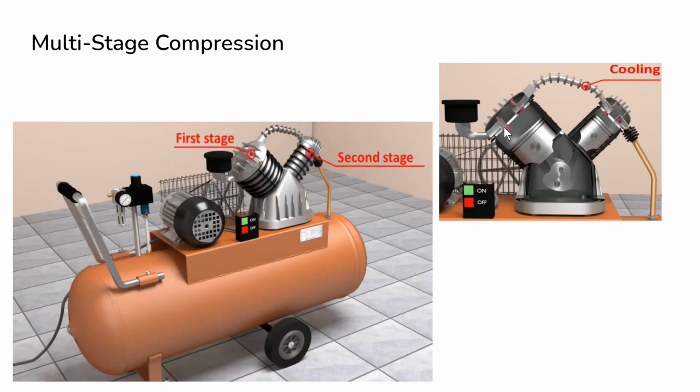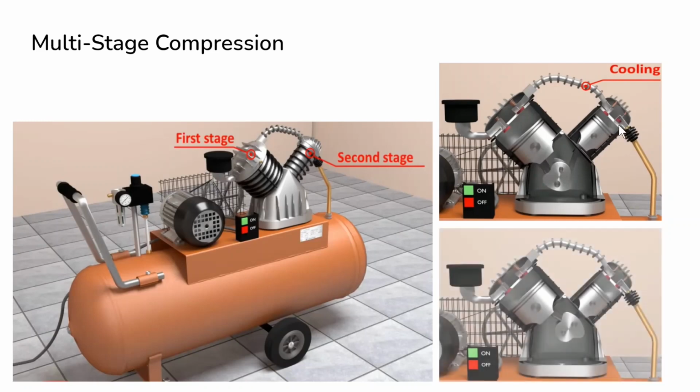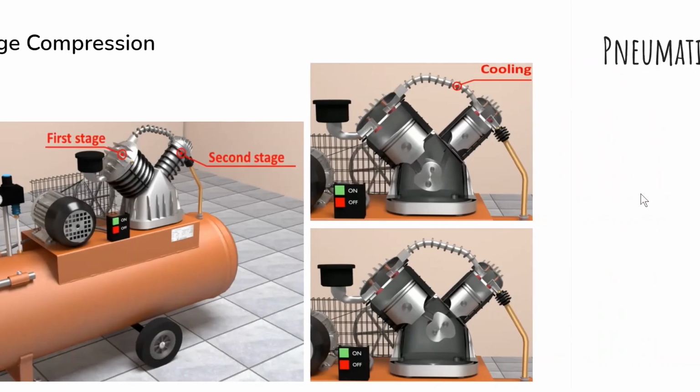First air enters through this, and as the shaft rotates, this piston moves up and air gets compressed and moves through the outlet, and the compressed air goes through this cooling tube. It gets cooled and then enters through the inlet of the other cylinder, and then this piston moves up and air gets compressed, and then it's collected from this outlet again. I hope you get my point. This is how the compressor works.